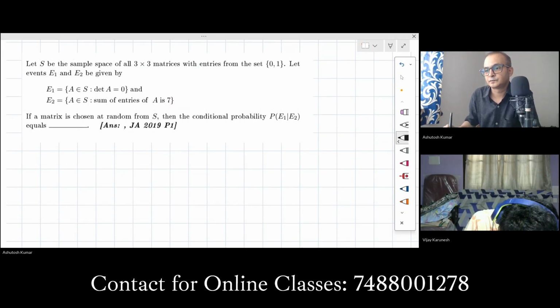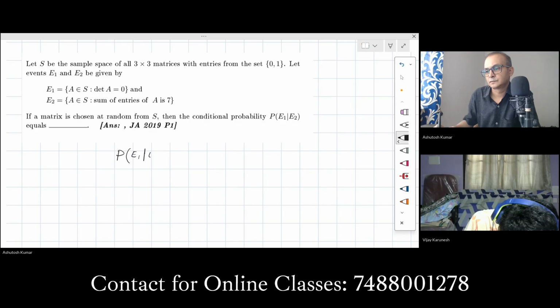S be the sample space of 3×3 matrices with entries from the set {0, 1}, and E1 and E2 are the events given by this. If a matrix is chosen at random from S, find the conditional probability of E1 given E2. So if you want to write E1 given E2, what is the basic definition of conditional probability?